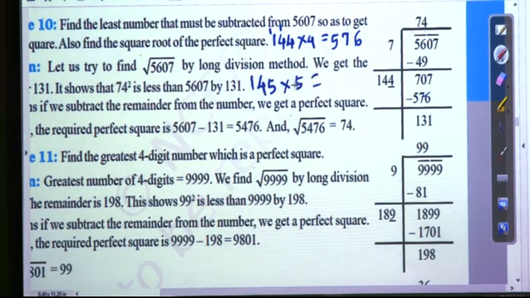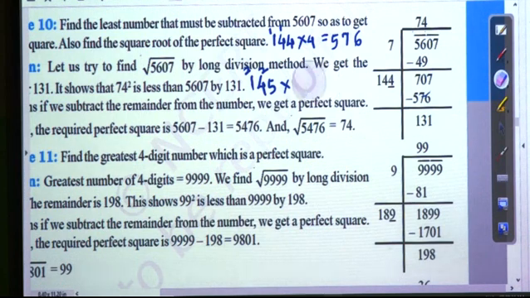So it is 145 fives are. 5 fives are 25, carry 2. 5 fours are 20 plus 2, 22, carry 2. 5 ones are 5 plus 2, 7. It becomes 725, which is bigger than 707.